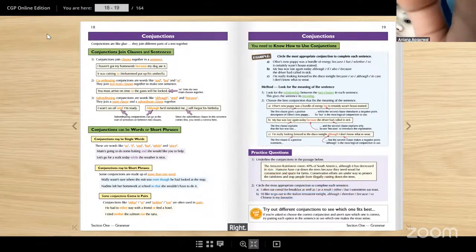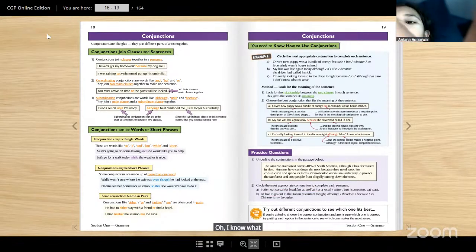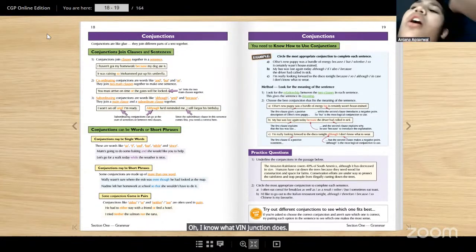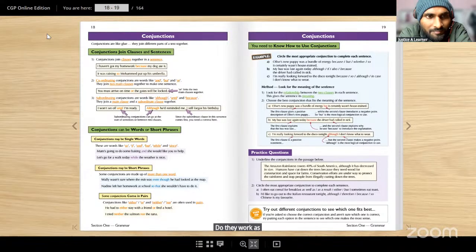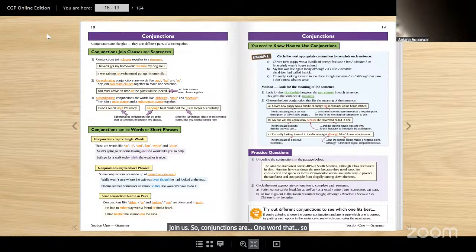Conjunctions join sentences. I know what conjunctions are. Can you explain? Do they work as a joiner or a splitter? Joiner. So conjunctions are one word that joins two sentences.